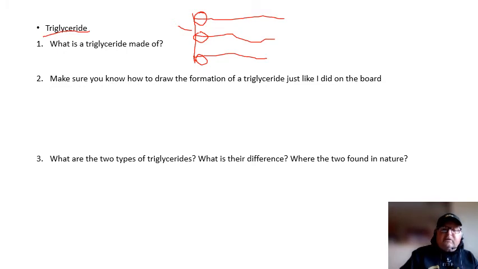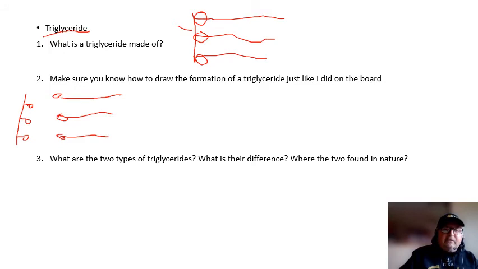So how do you make this? You start out with glycerol. I'm not going to draw this all out, and you start out with your three fatty acids. The glycerol will have OHs coming off of it, and the fatty acids will have their carboxylic acid parts.